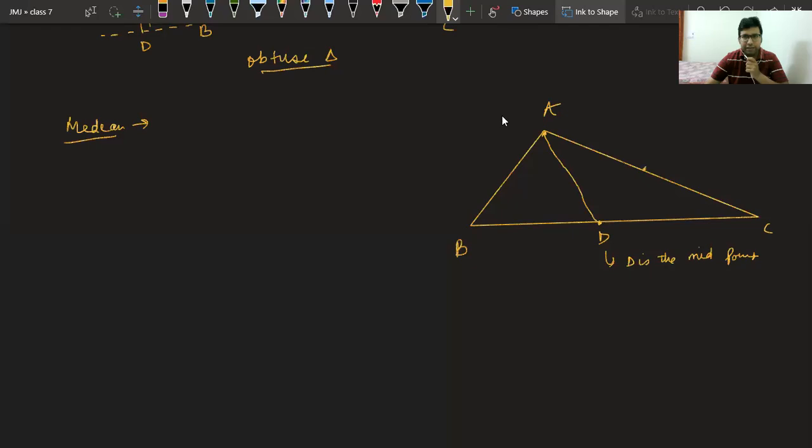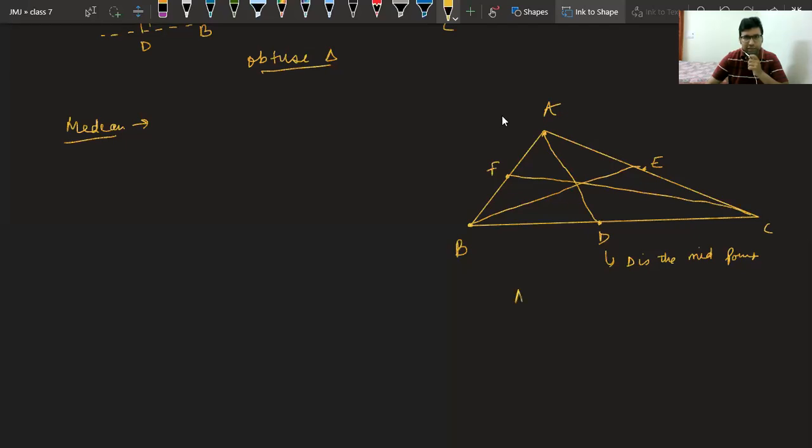So we have seen the first median. Similarly, if E is the midpoint of AC and you join it with the opposite vertex B, you will get the second median BE. For the third, suppose F is the midpoint of AB and you join these two, you will get the third median.